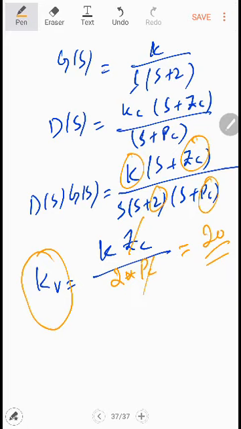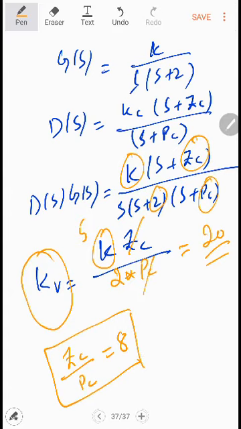Now in this case, this should be equal to 20 only if, because we know the value of K is equal to 5, ZC divided by PC is equal to 8.